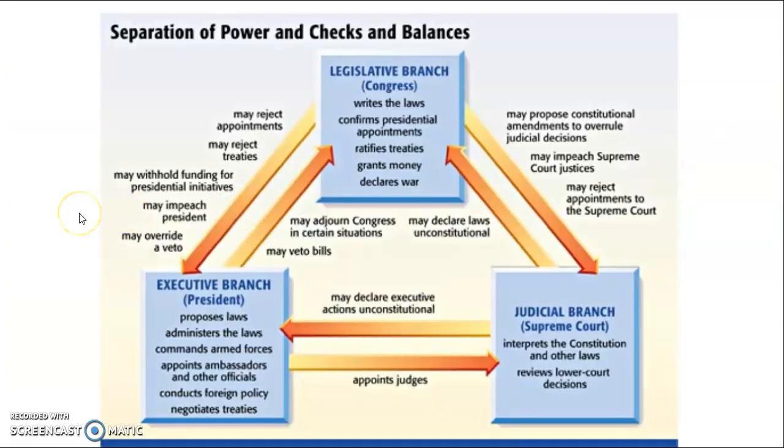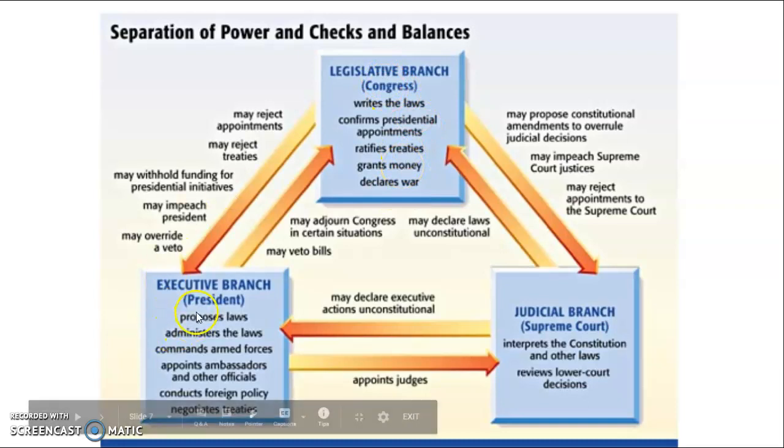All right, so let's talk about separation of powers. First of all, these are the major powers of the legislative, the executive, and the judicial. This gives you a nice little chart of the separation. Here, for the legislative branch, these are the checks. See the arrow coming down?